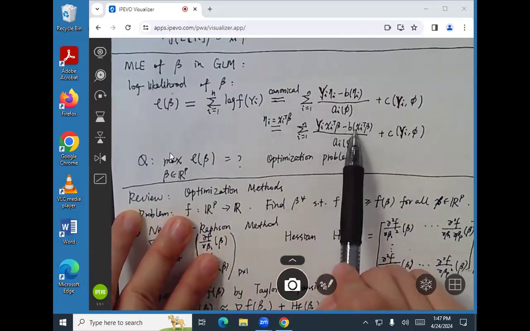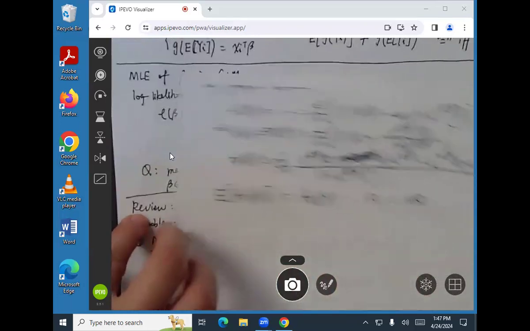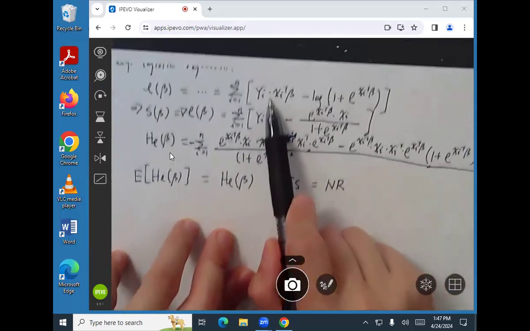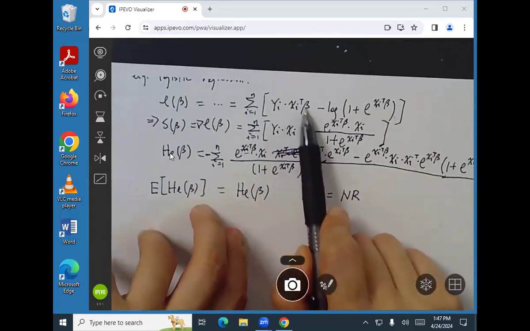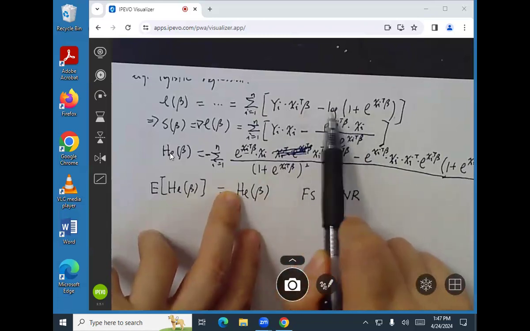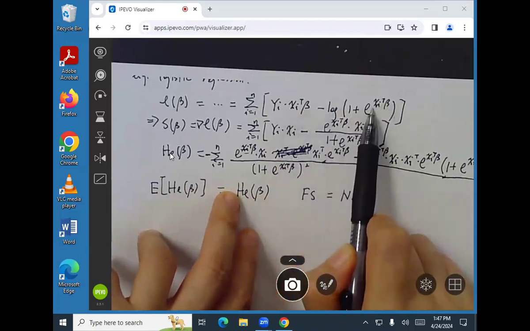Basically, beta is involved in the two terms in the numerator. And then, if we come back here, we have the logistic regression. We express it in terms of the exponential family form. So this is the b function we end up getting. That b function has xi transpose beta here and here.